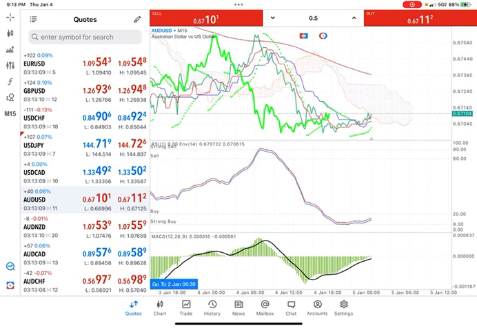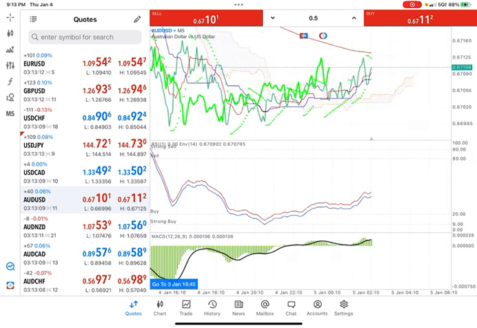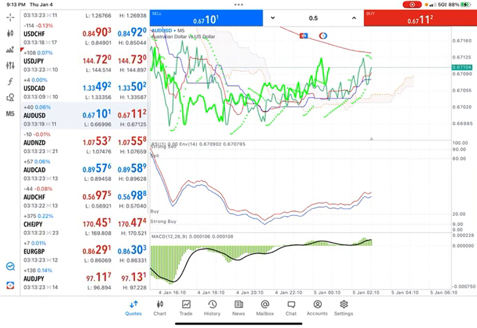You see that? 15 minutes going sideways. 5 minutes is going up. So this is not the right time to place a sell. I want to wait for the 5 minute and the 15 minute to go down as well. The bottom time frames, the 5 minute, the 15, and the 30, have to match the ones on the top.